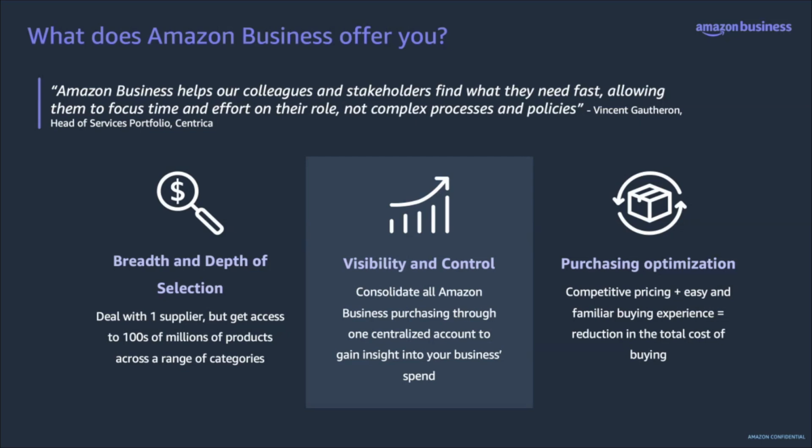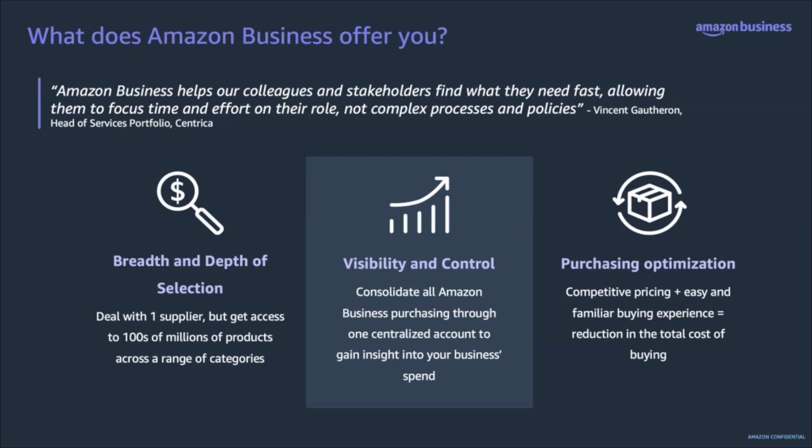And what that does when you bring all of the different cohorts within your organization, whether you have multi-legal entity structuring or you have different divestitures or you're acquiring companies, you can bring that all into one account so you can get that full visibility, that control, and enable those compliance mechanisms to ensure that employees are buying what they need, that the organization wants them to be able to purchase.